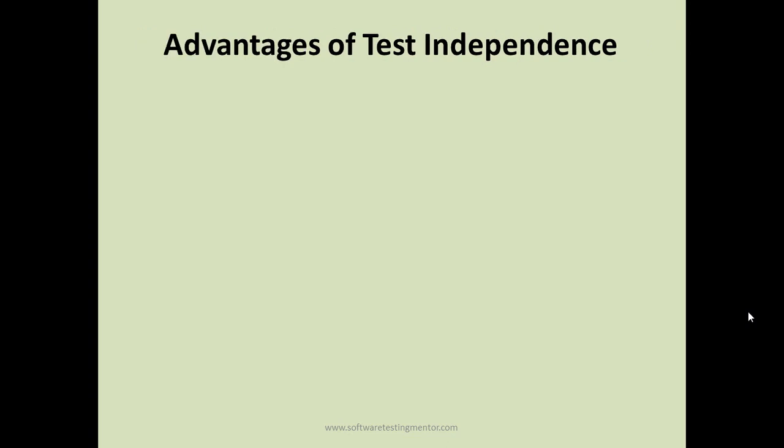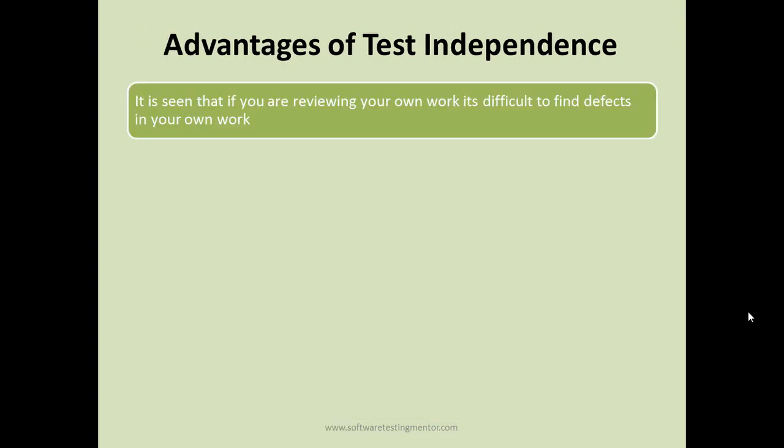So what are the advantages of test independence? It is seen that if you are reviewing your own work, it's difficult to find defects in your own work. That's human psychology. If you have built something, you think and look at it in a constructive way, but testers look at the software with positive pessimism.